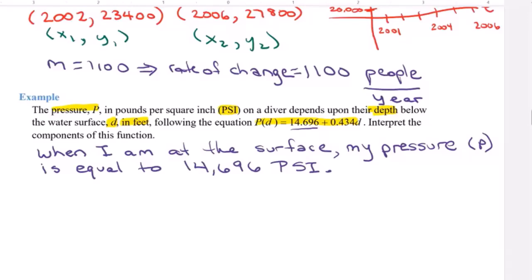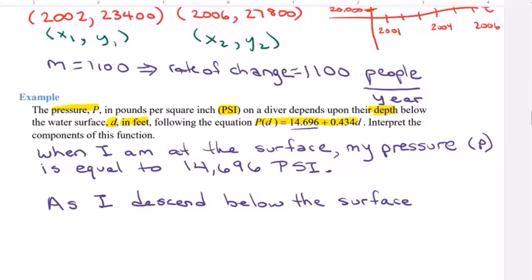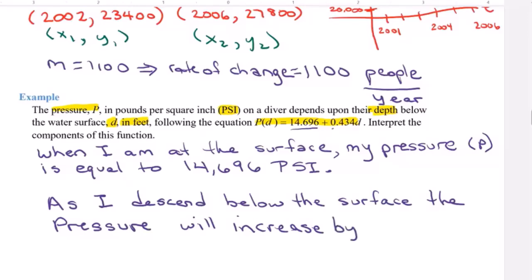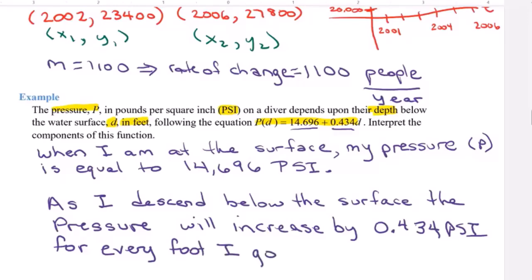Okay? Then, as I descend below the surface, the pressure will increase by 0.434 PSI for every foot I go down.